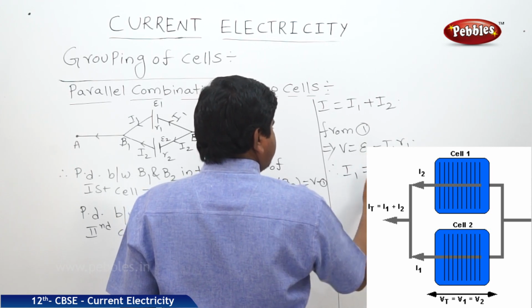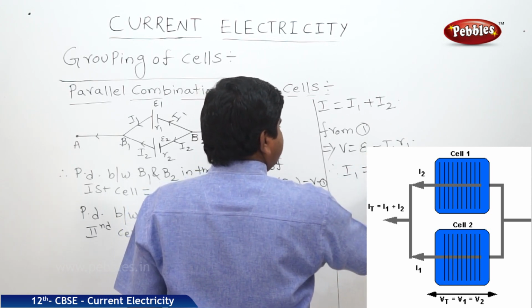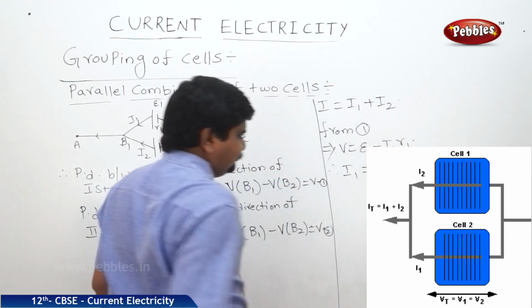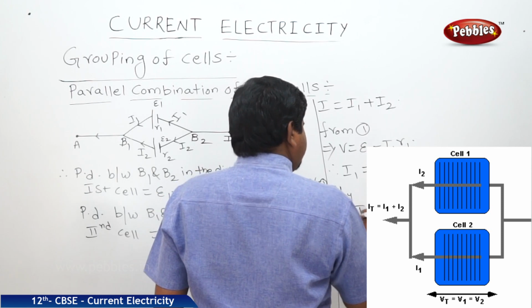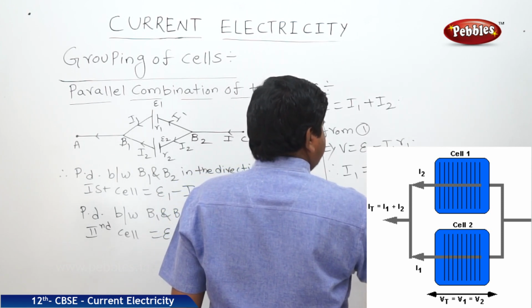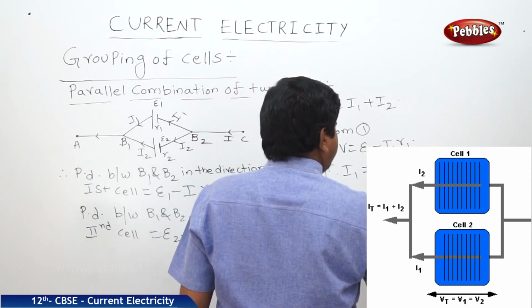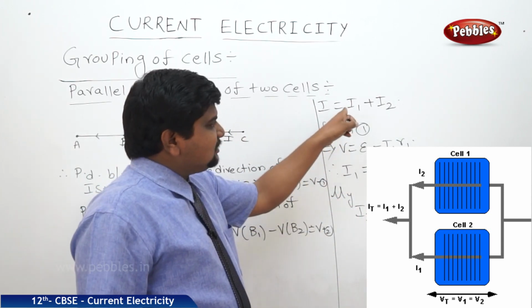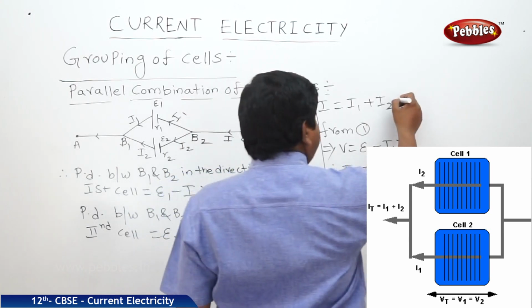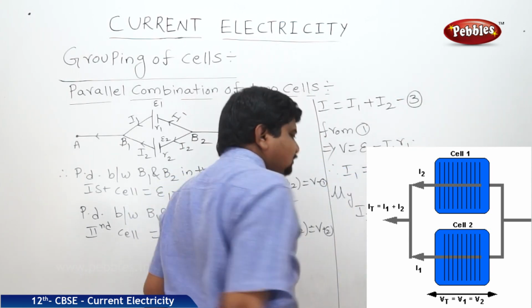So I1 is equal to E1 minus V by R1. Similarly, I2 is equal to E2 minus V by R2. Now we are going to substitute these I1 and I2 values in this equation. Let us give one number to this equation, equation number 3.